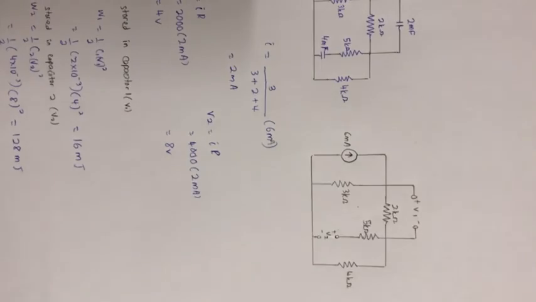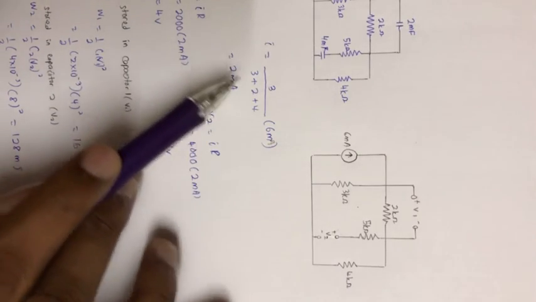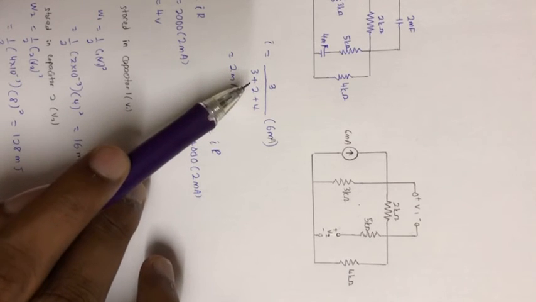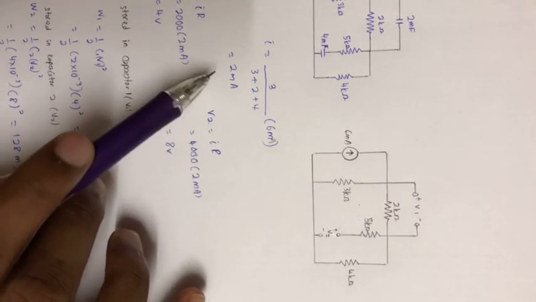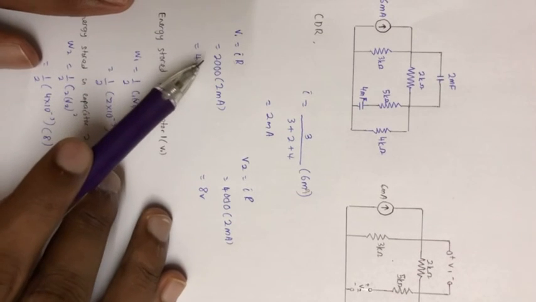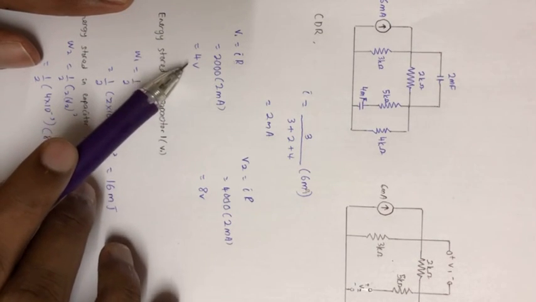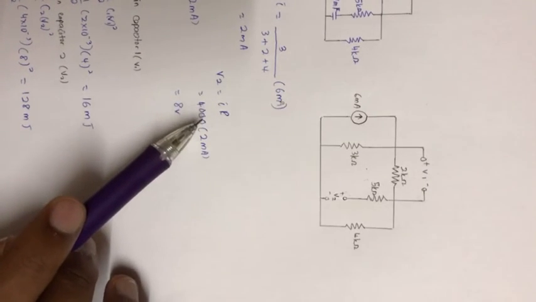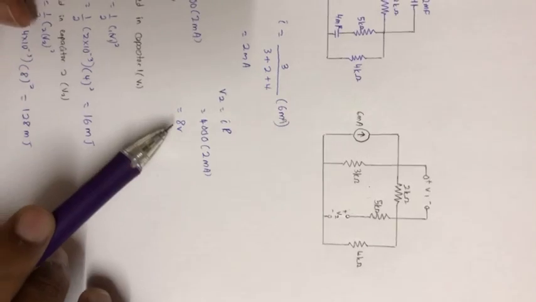Using CDR we find the I value: 3 over 3 plus 2 plus 4 times 6 milliamperes, which equals 2 milliamperes. Now we can find the voltage across here. V equals IR, 2000 times 2 milliamperes equals 4 volts. And V2 uses the same formula, 4000 times 2, we get 8 volts.